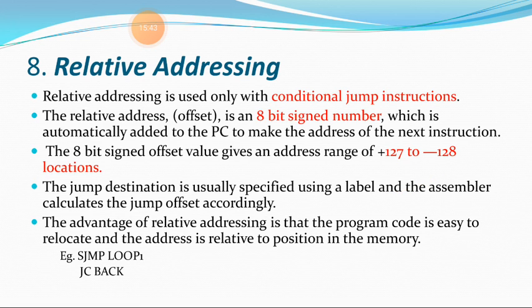Then the next one is relative addressing. Relative addressing is used only with conditional jump instructions. Here the relative address or offset is an 8-bit signed number which is automatically added to the PC to make the address of the next instruction.